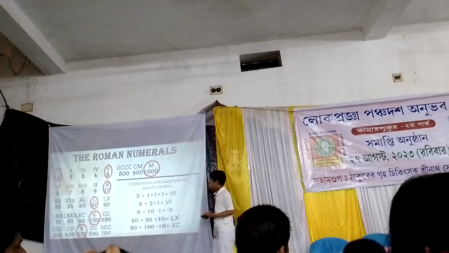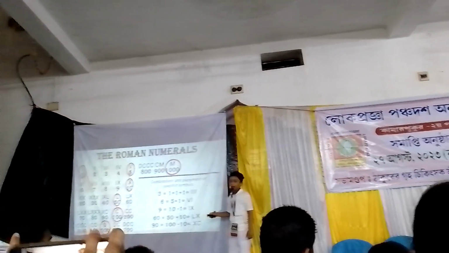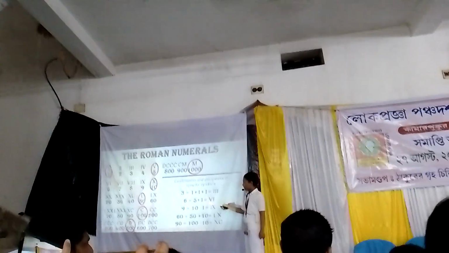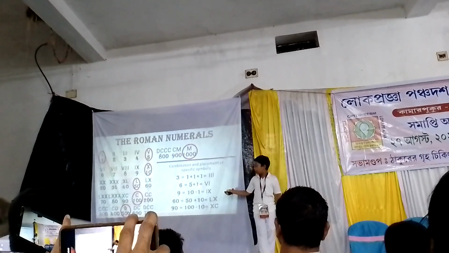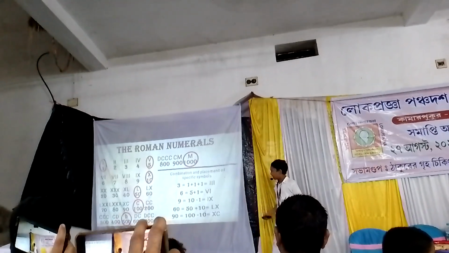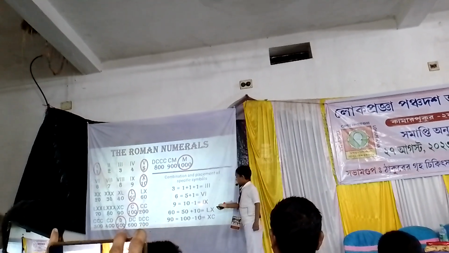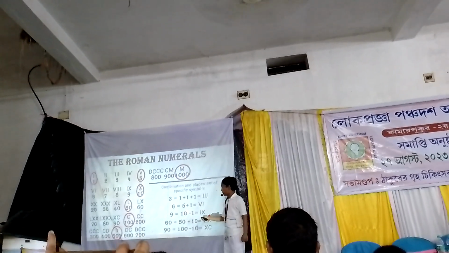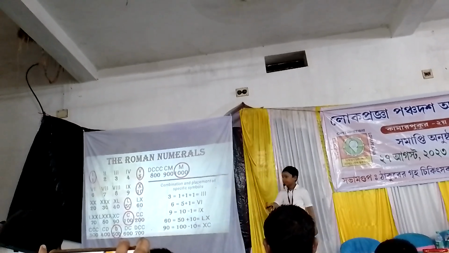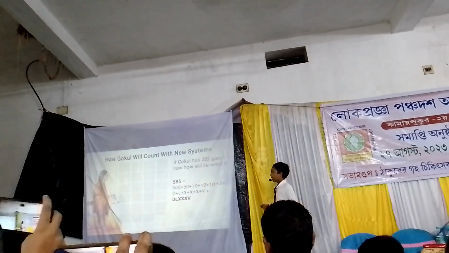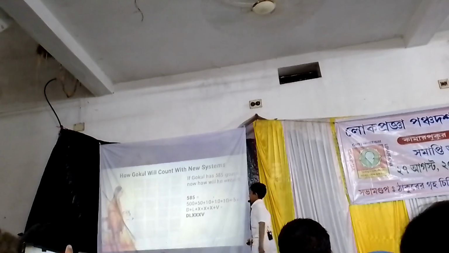But how do we know when we have to subtract? We know that because when the larger number is before the smaller one, it has to be added, and when the smaller number is before the larger one, the smaller is subtracted from the larger one. Now let us see how Gokul will count in the new system.